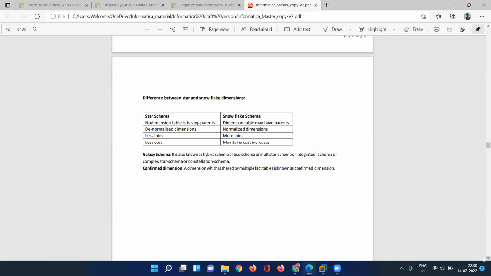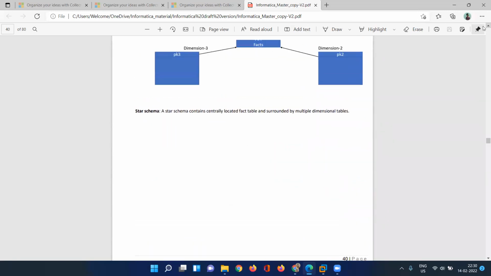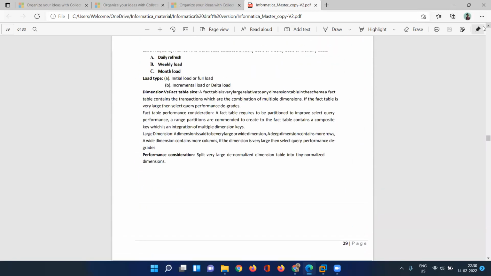In terms of cost, it increases compared to star schema. So these are the three schemas that we have in data warehouse concepts.